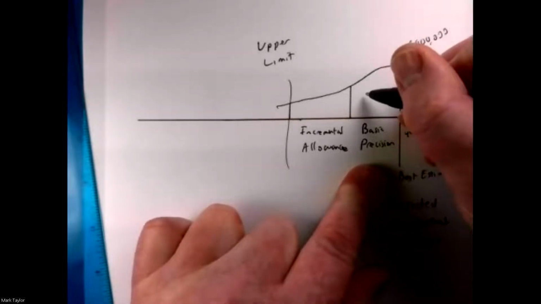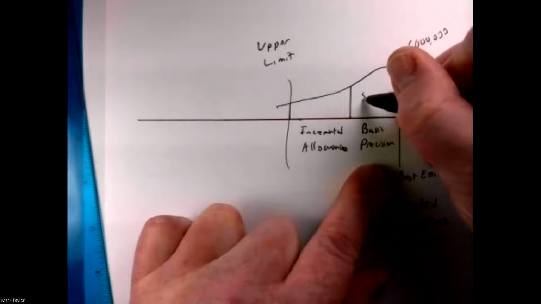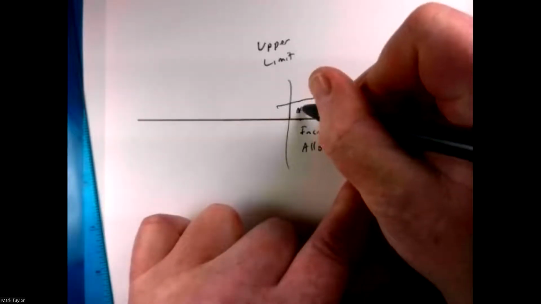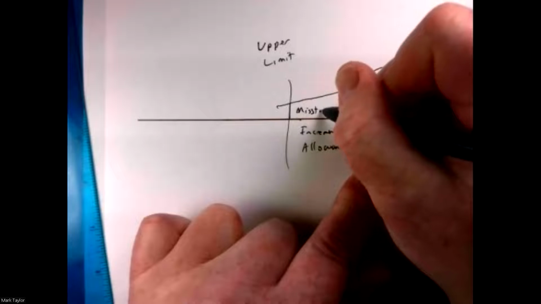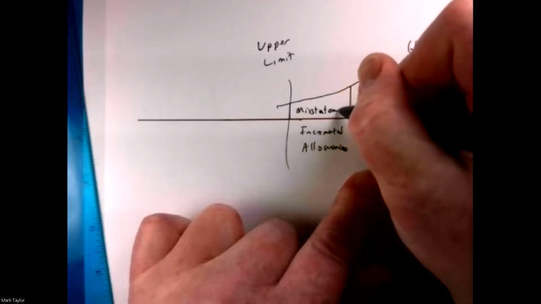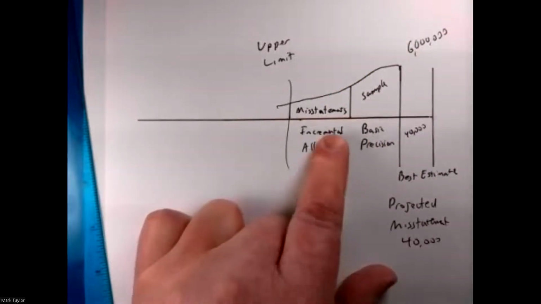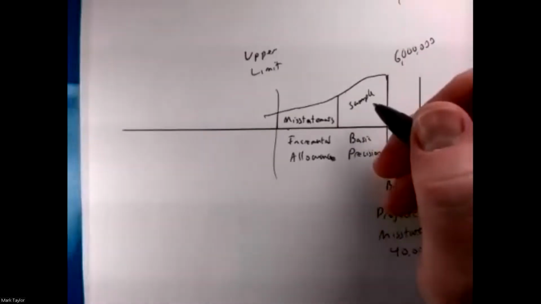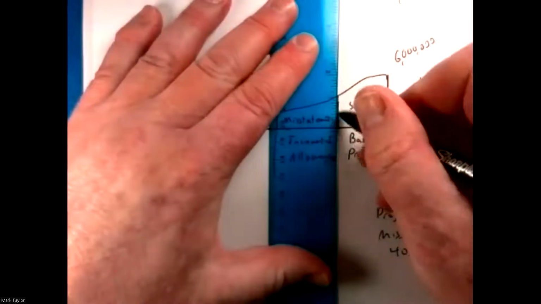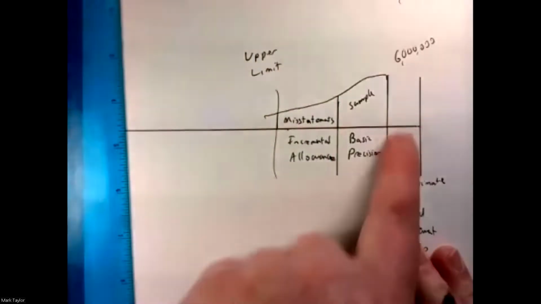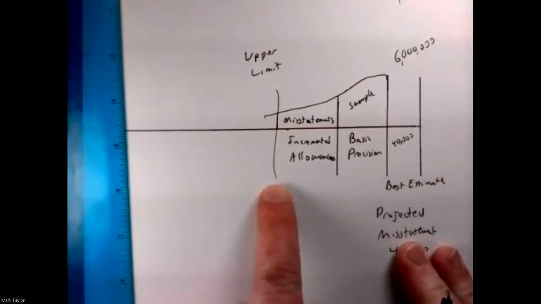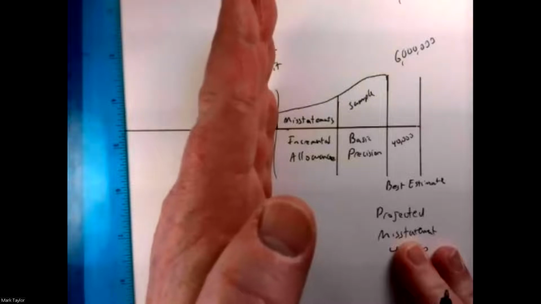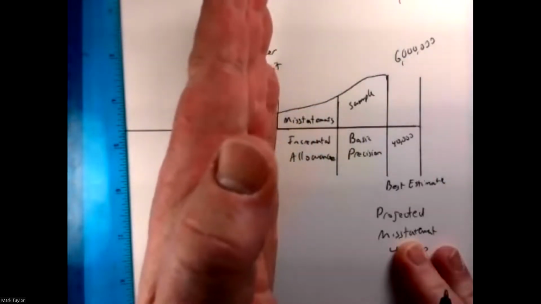Even if there were no misstatements, you'd have basic precision. And this over here is for misstatements. So these two things could add to it, and that'll give us the upper limit on misstatements. What could it possibly go wrong up to?